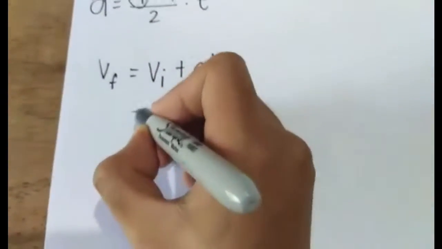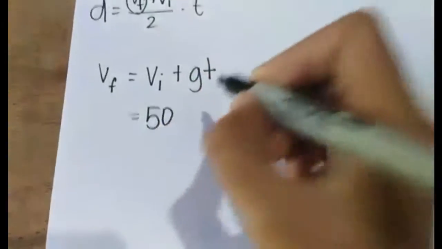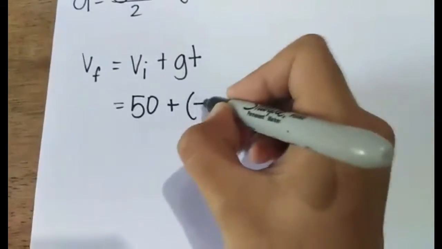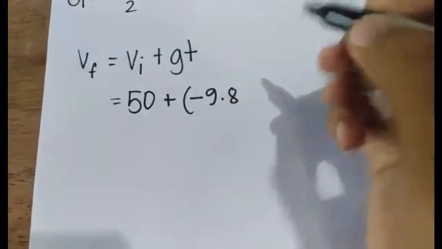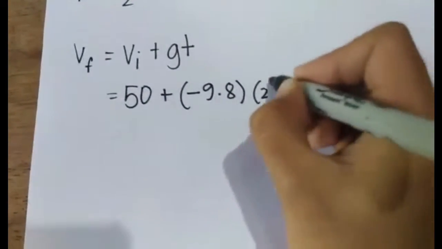Now, the value of vf here is actually the velocity of the object after t seconds. Now, substituting the original values, which is 50 plus negative 9.8 times 2.